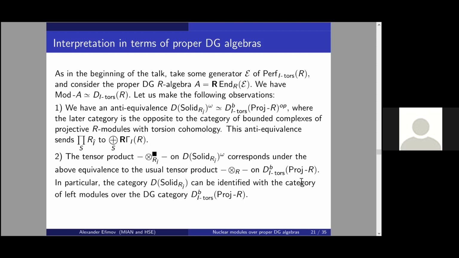In particular, a tautological observation is that we can also define this derived category of solid modules as the category of left modules over the DG category of bounded complexes of projectives with I-torsion homology.